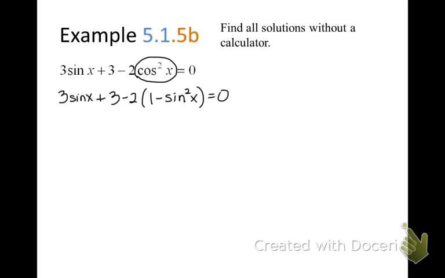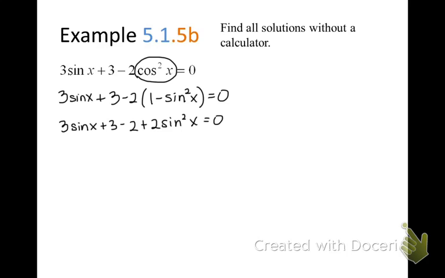Okay, so on this one, I am switching the cosine squared of x to be 1 minus the sine squared of x. Where did I get that? The Pythagorean identity. Yep, very good. So I get 3 sine of x plus 3 minus 2 plus 2 sine squared of x equals 0.